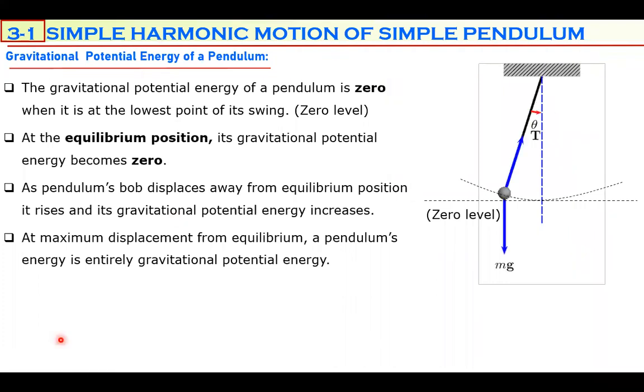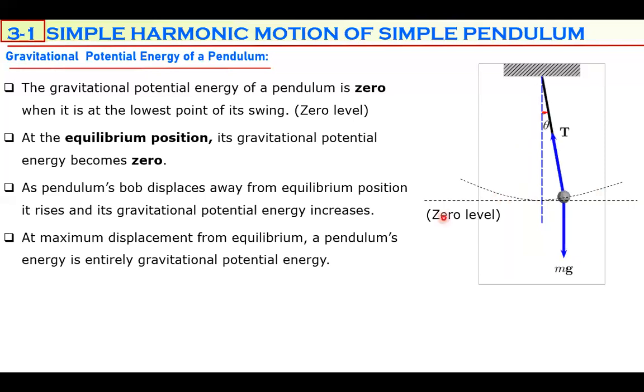Yeah. So as I said, it is rising from the zero level. As it rises, h increases. As h increases, gravitational potential energy increases. Then it's going down, gravitational potential energy decreases, but kinetic energy increases. At maximum displacement, here the pendulum's bob stops, which means its kinetic energy is 0.